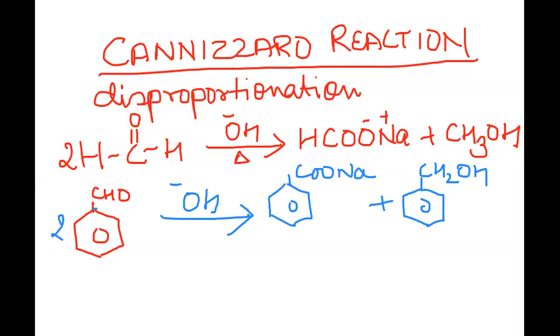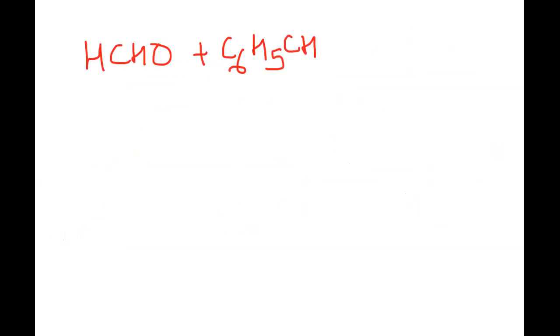In the case of crossed Cannizzaro's reaction, let us take the case of formaldehyde. All right. And let us take benzaldehyde, that is C6H5CHO. All right. Will this undergo Cannizzaro's reaction when you're using a strong base? Yes.